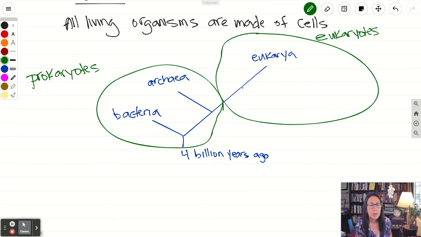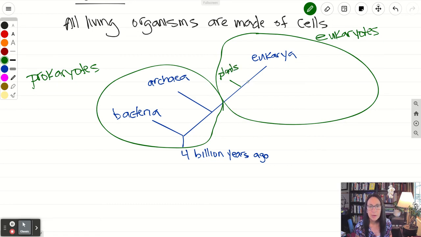On the eukaryotic line here, there are some types of cells that you are familiar with that I'm going to put on here. I want to point out that this is just a big tree of life, and there are millions of different organisms. Of course, I'm not going to draw all of that because there are too many. But I'm going to put some big ones on the eukaryotic line since that's what we're familiar with. Plants evolved here.